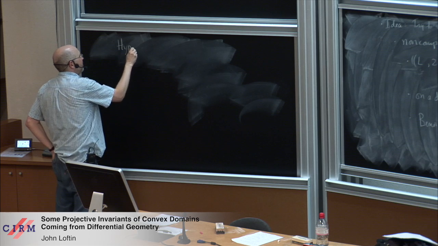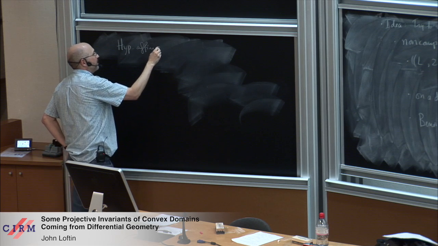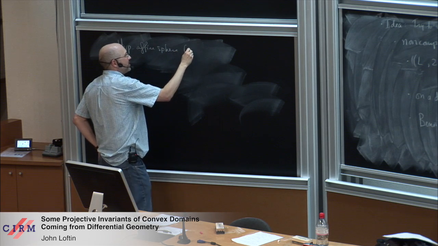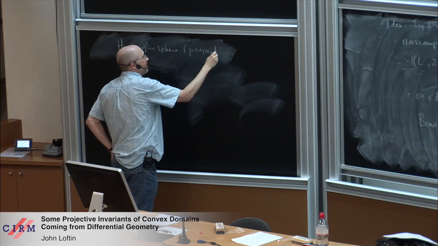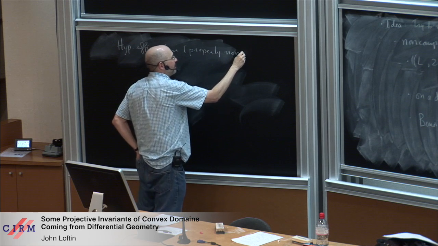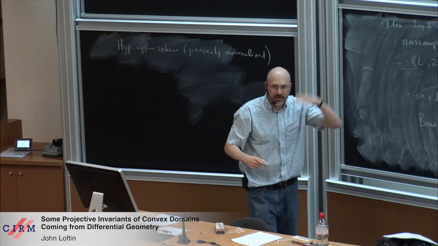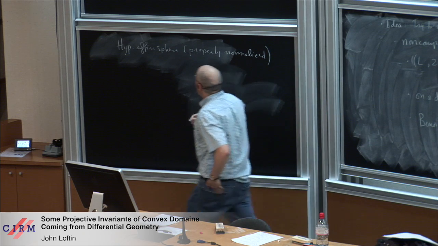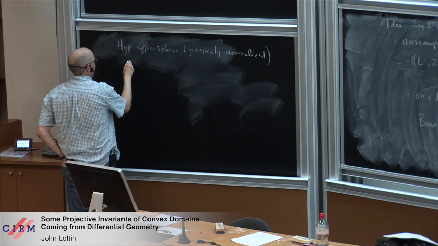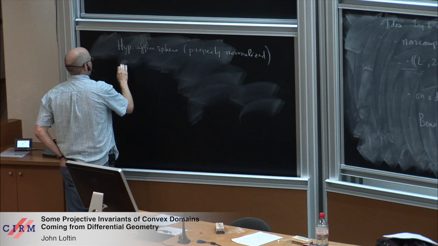A hyperbolic affine sphere is going to be normalized. Basically, I normalized by shifting the center to 0, and there's some scaling as well. This can be defined as a convex hypersurface.